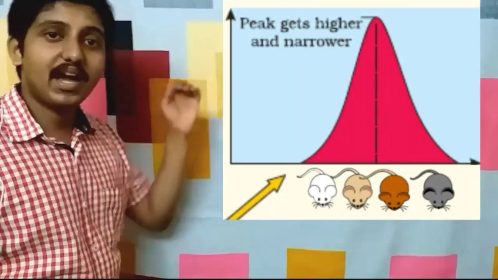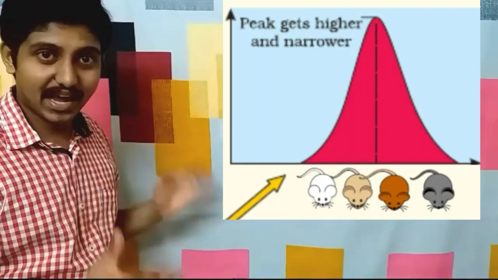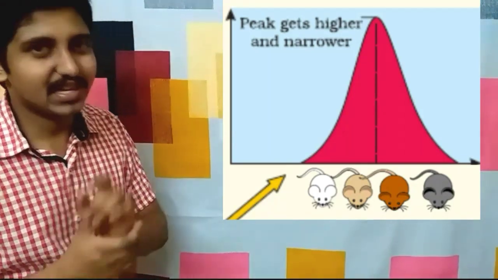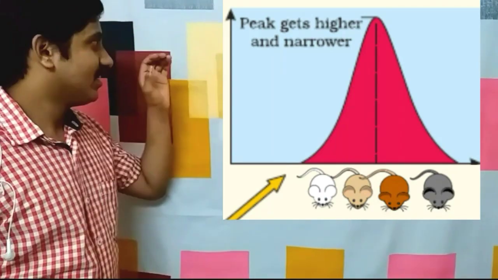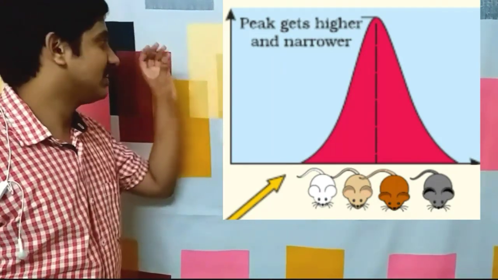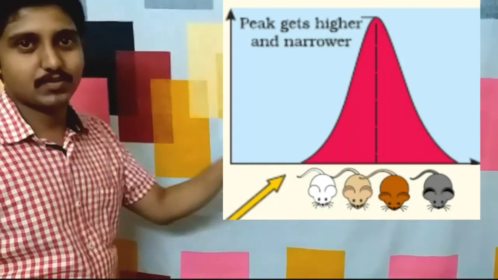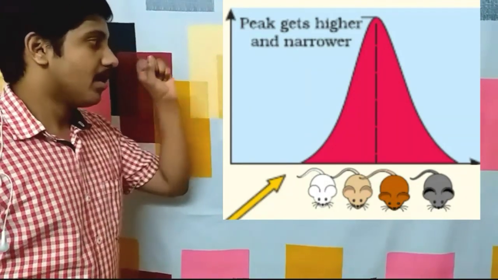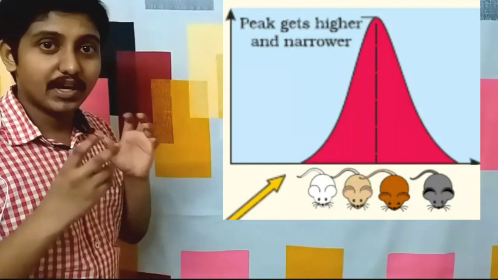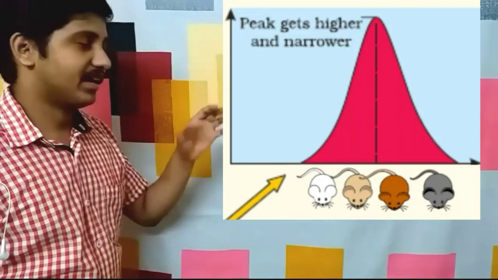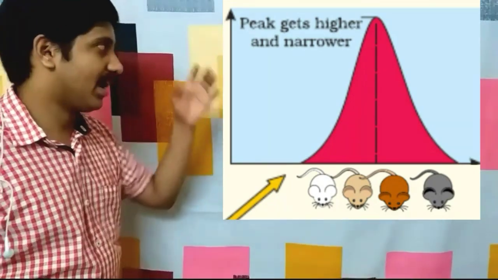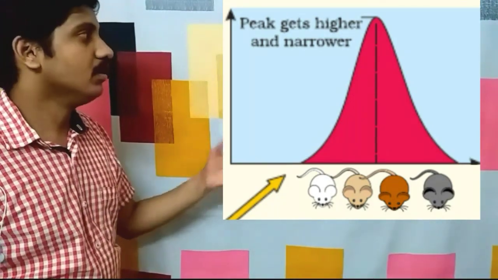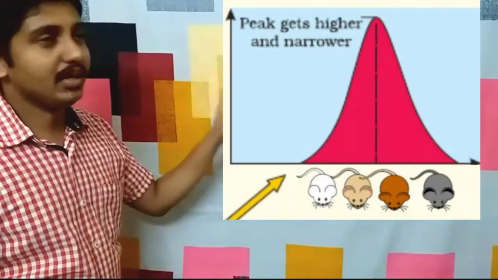And the white and the black colored mouse, that is the extreme ends, will be easily seen by the predators and will be caught. So the population of the white and the dark colored mouse will be very small, while the cream colored and the brown colored mouse will be favored by their color, and hence nature favors them too, and they can easily reproduce and produce more progeny, and so their population will be at the peak.